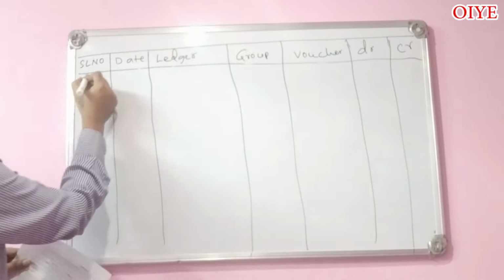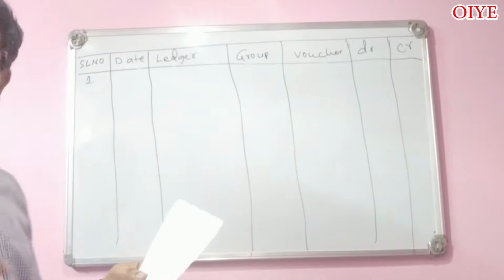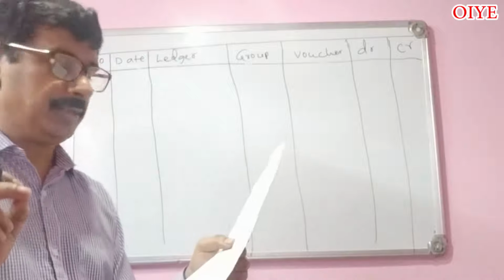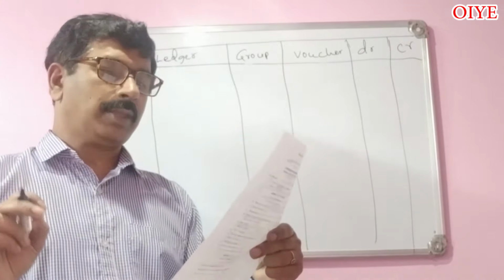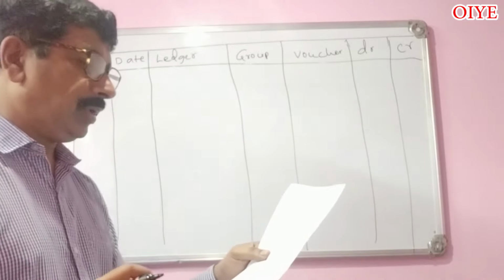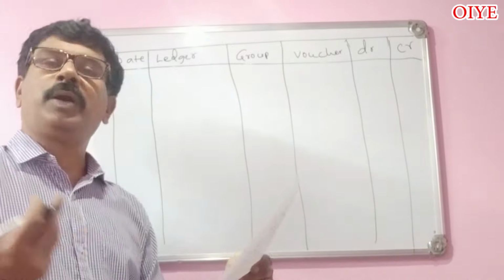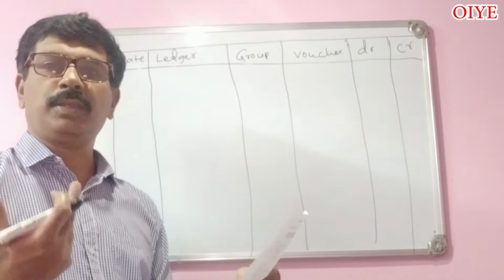So, the first question, serial number 1, is 1/5/2017. Mr. Anil Kumar commenced business with capital of rupees 50 lakh. So here, Anil Kumar is the proprietor. He has invested 50 lakhs rupees in the business.